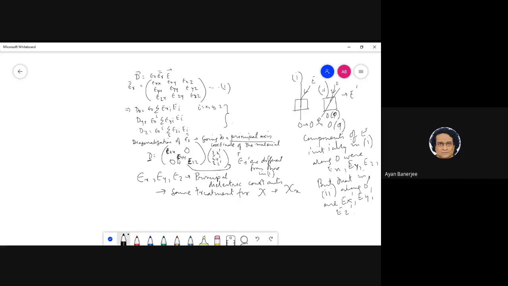It's like throwing out the interaction elements. If I want to make it simpler, I am going to the simplest possible description of the system.